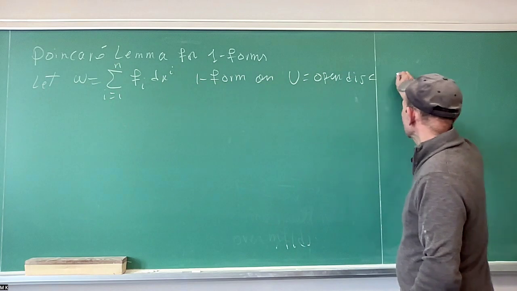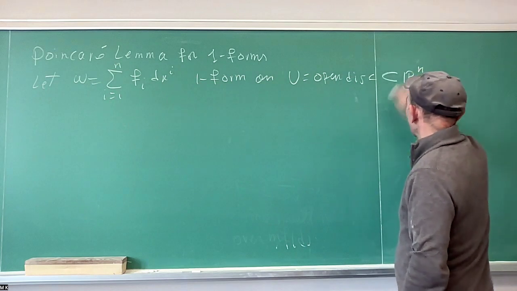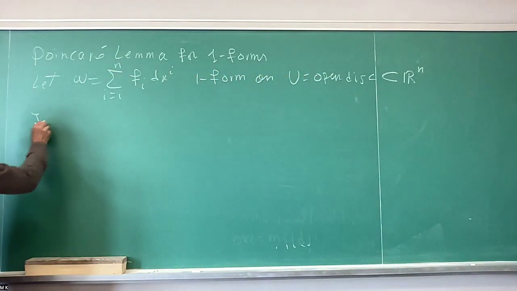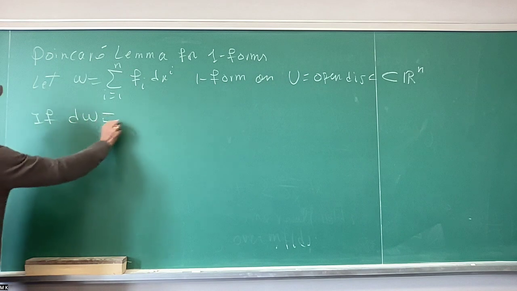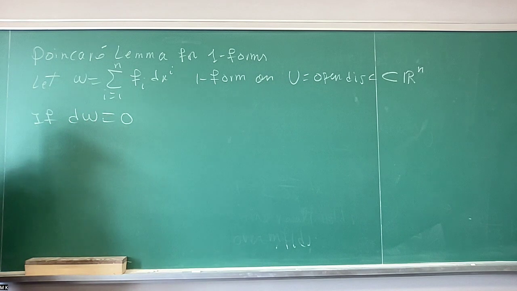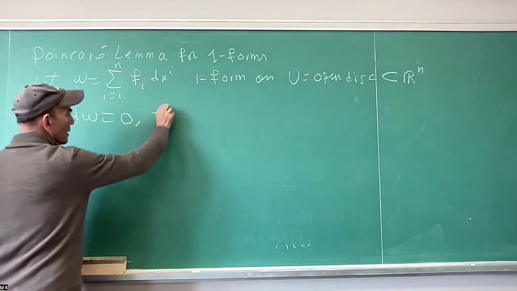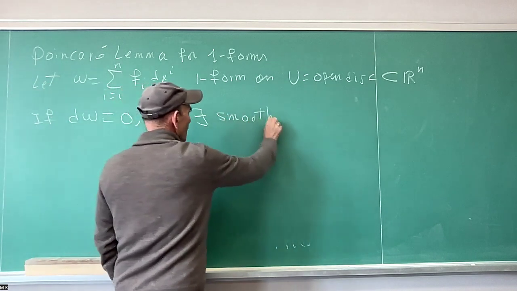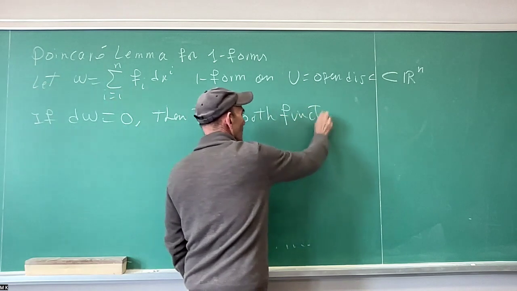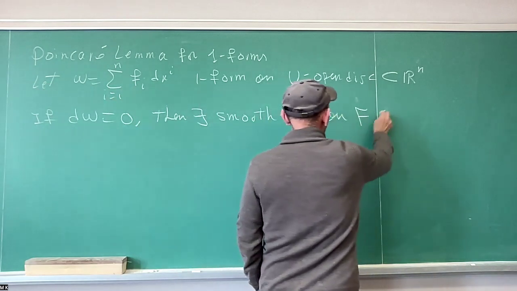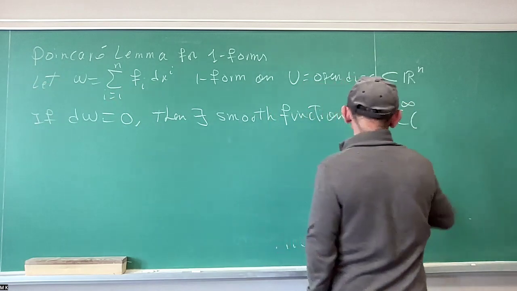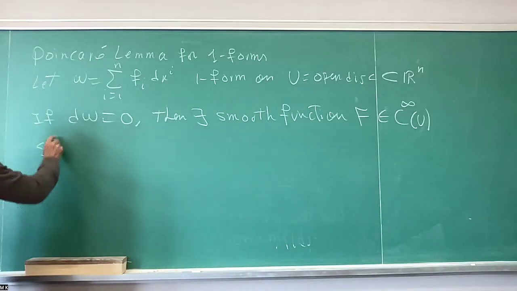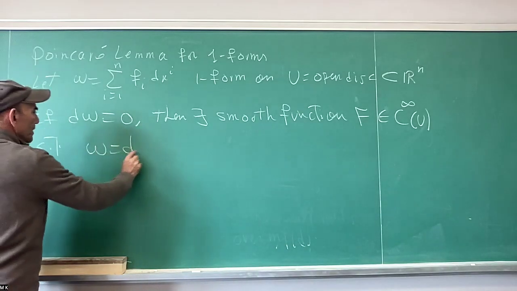If d omega equals 0, then there exists a smooth function f belonging to C infinity of U such that omega is equal to df.